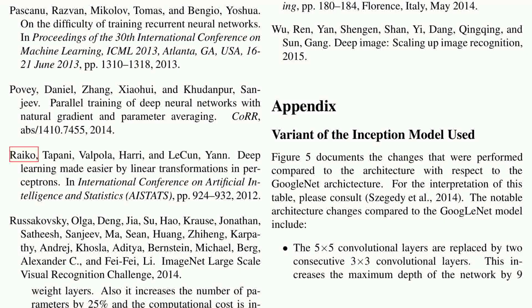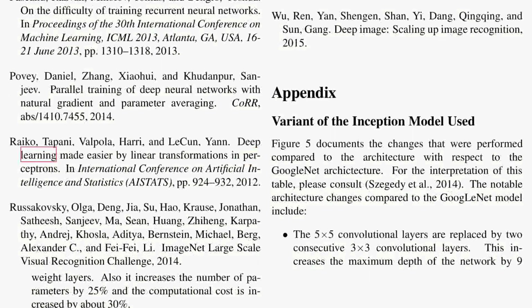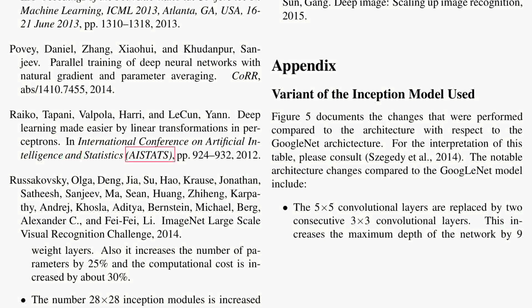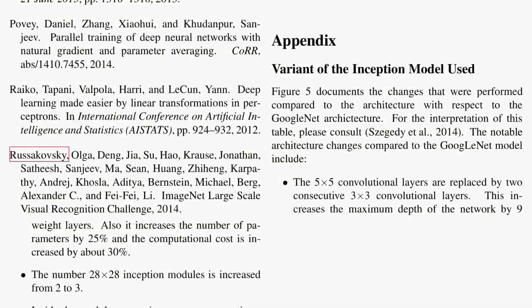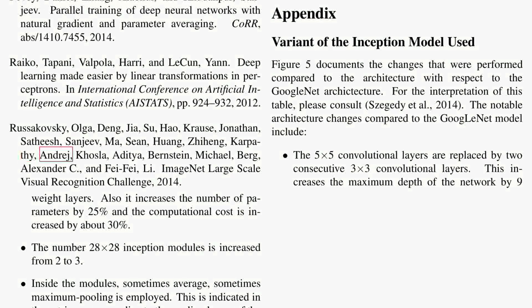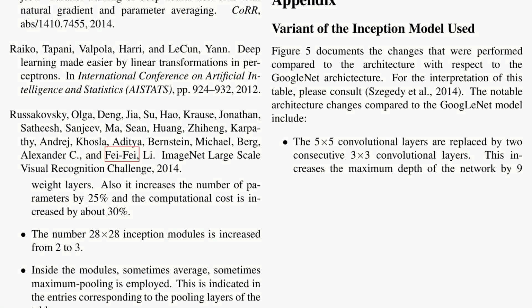Raiko, Tapani, Valpola, Harri, and LeCun, Yann. Deep Learning Made Easier by Linear Transformations in Perceptrons. In International Conference on Artificial Intelligence and Statistics, AISTATS, pp. 924-932, 2012. Russakovsky, Olga, Deng, Jia, Su, Hao, Krause, Jonathan, Satheesh, Sanjeev, Ma, Sean, Huang, Zhiheng, Karpathy, Andrej, Khosla, Aditya, Bernstein, Michael, Berg, Alexander C., and Fei-Fei, Li.